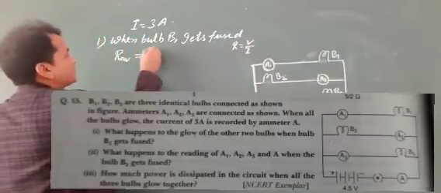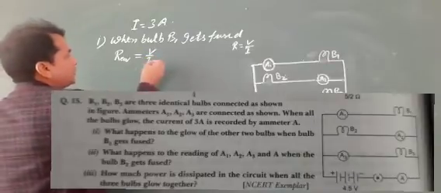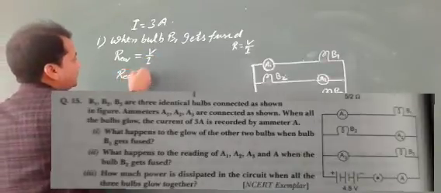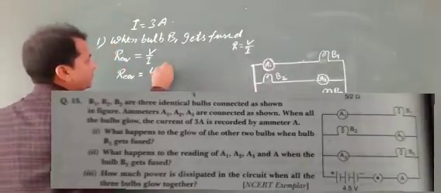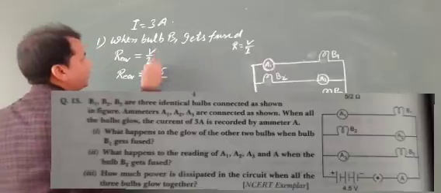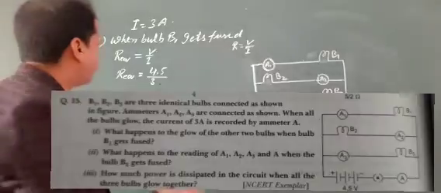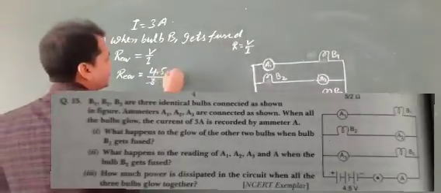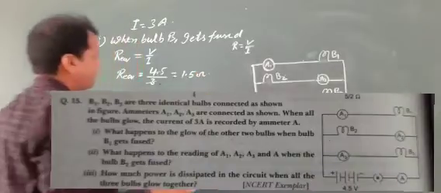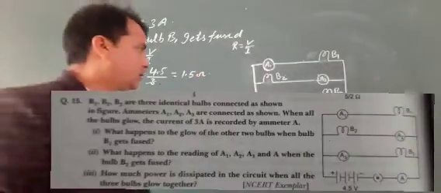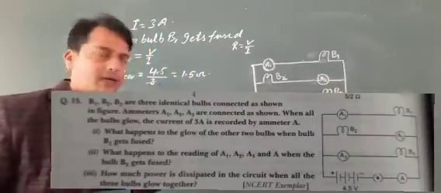Then equivalent resistance equals V by I, which is 4.5 divided by 3, that is 1.5 ohm. So the effective resistance in this circuit is 1.5 ohm.